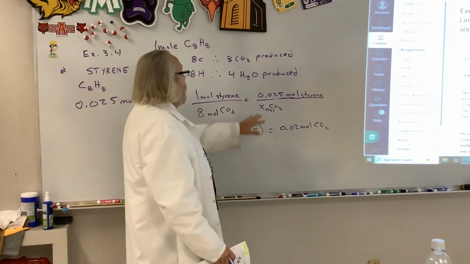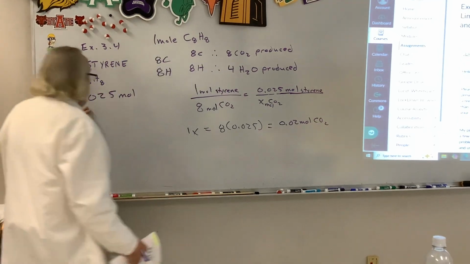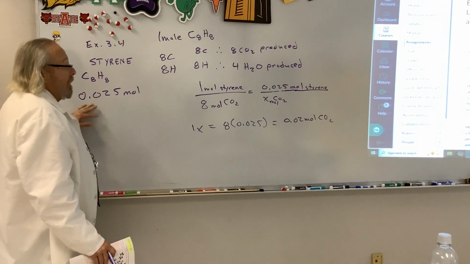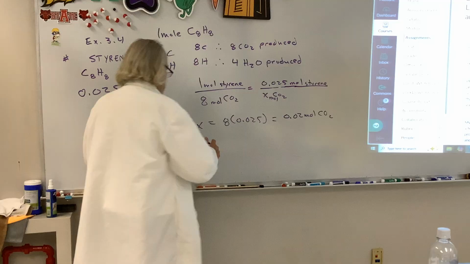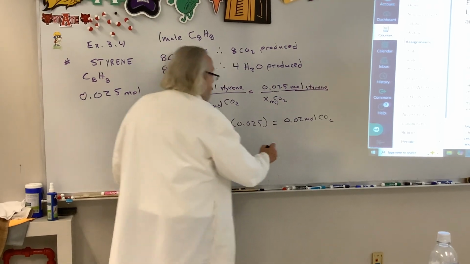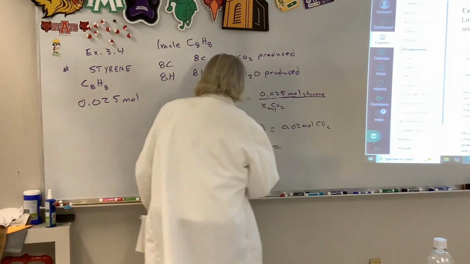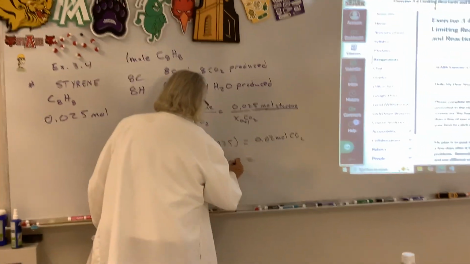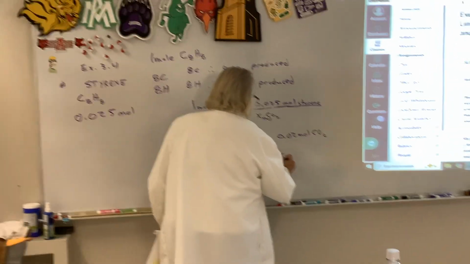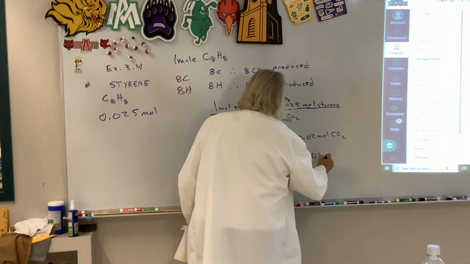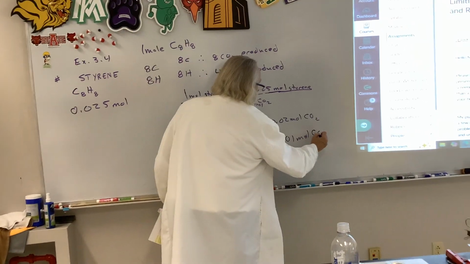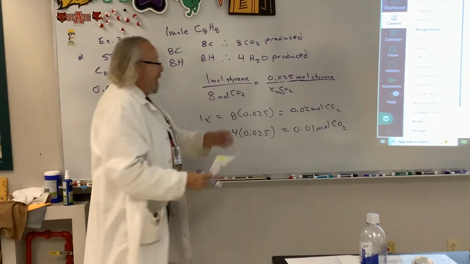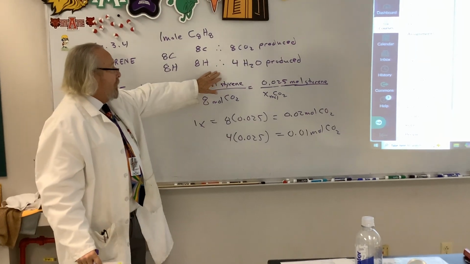Now I'm going to multiply the 0.025 by 4, which is what? It's going to be 4 times 0.025, and that's 0.1 mole of H2O.